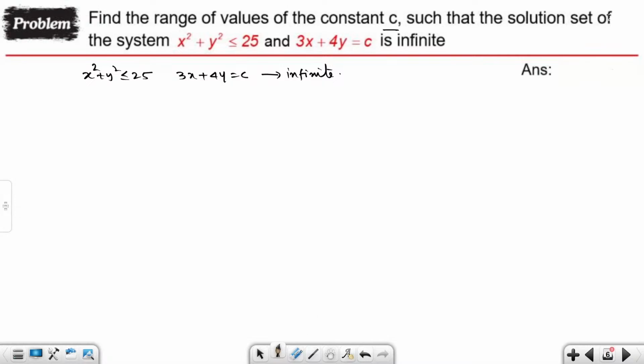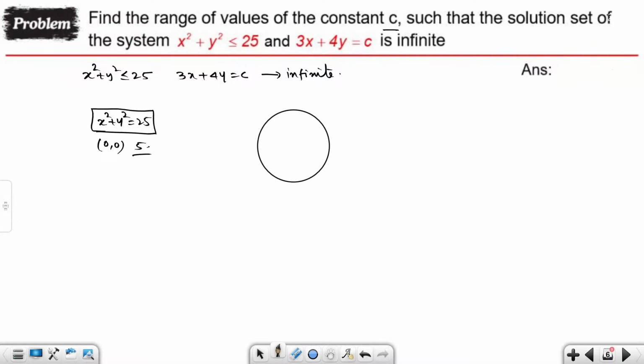Now you have to understand one thing before doing the sum. See, if we have been given only x square plus y square is 25, we know what it is. It's a circle whose center is at the origin and radius is 5 units.